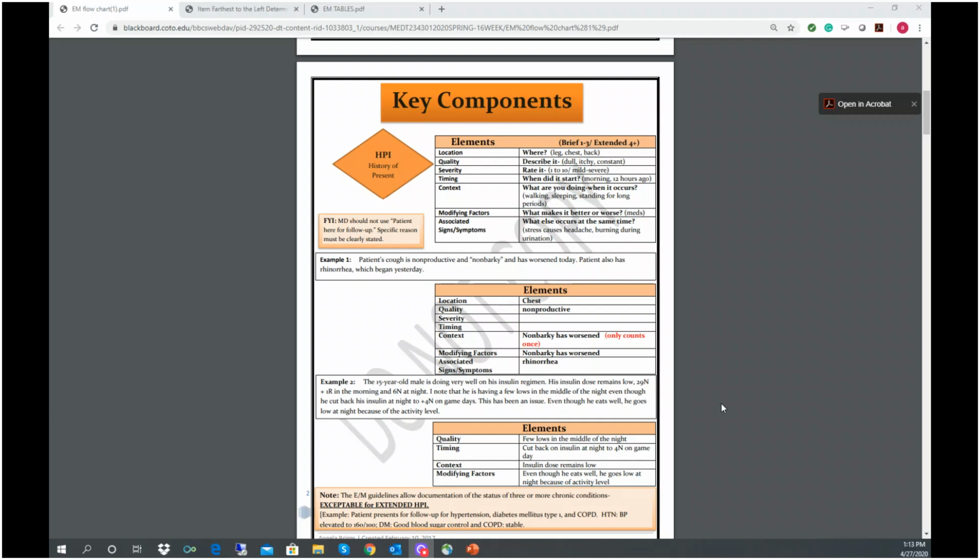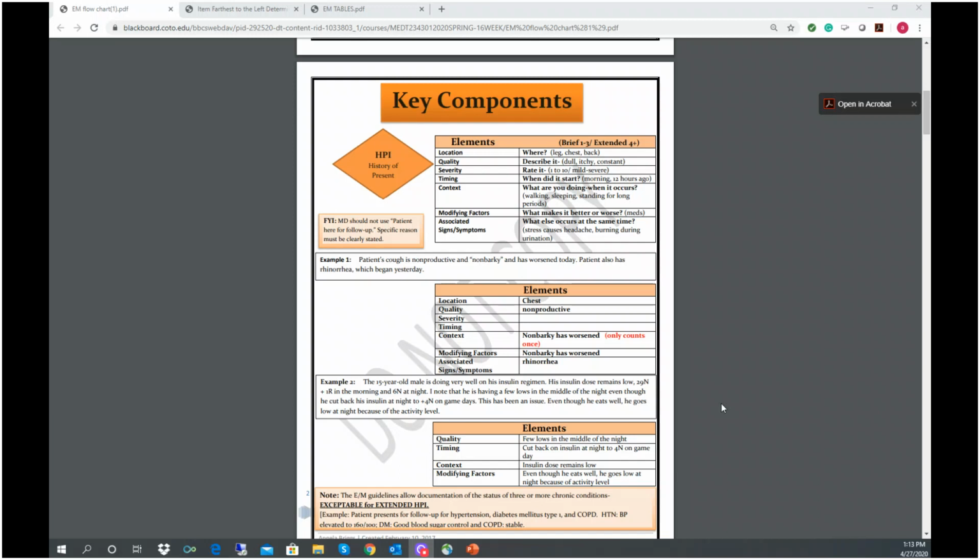Location: where is it located? Quality describes it. Severity, we rate it. Timing is when did it start? Context, what are you doing when it occurs? Modifying factors, what makes it better or worse? Associated signs and symptoms, so what else is occurring at the same time?